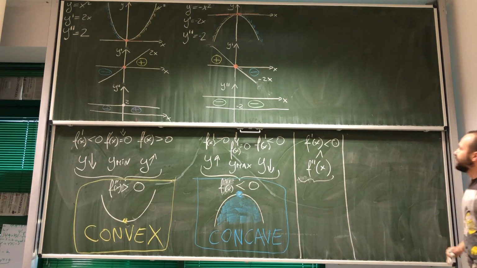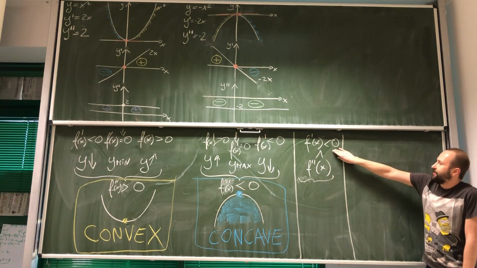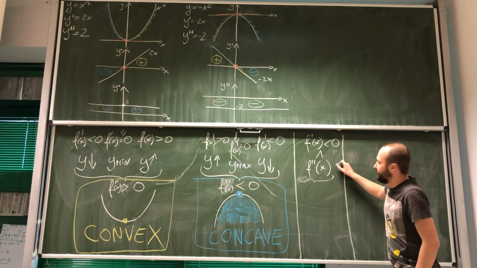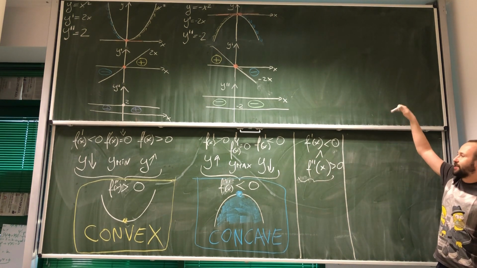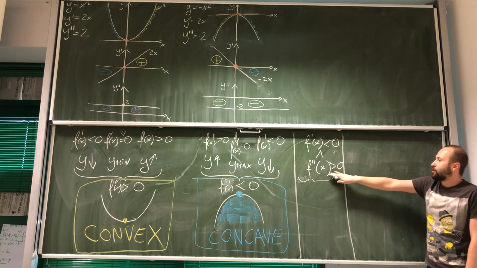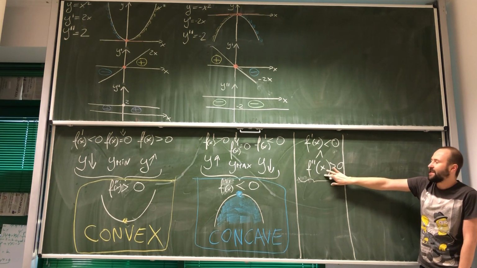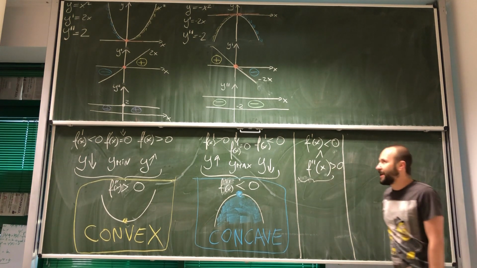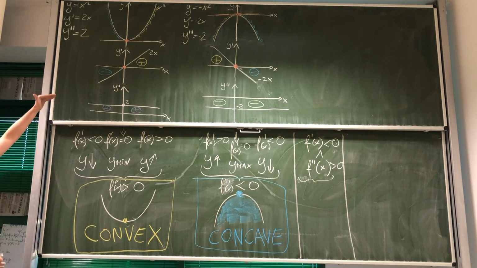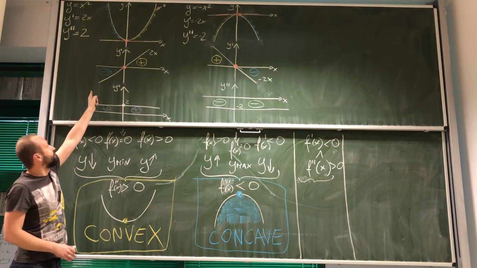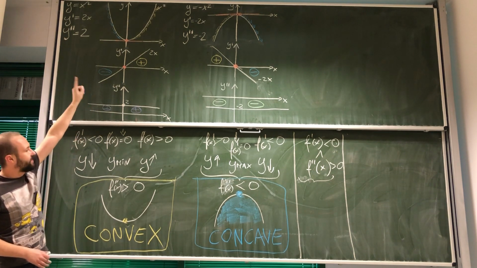Look, we see that the first derivative is negative, indicating that the function is downward sloping. But look, second derivative is positive, indicating that the slope of first derivative is getting higher and higher, that the slope of the first derivative is positive, which means that the values of the first derivative are getting higher and higher and higher.